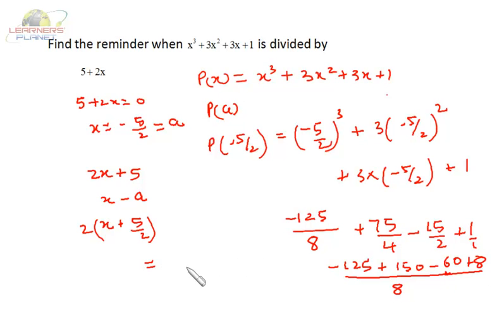What I'll get is minus 125 plus 150 is 25, 25 plus 8 is 33, and minus 60 plus 33 is minus 27. So I'm getting the remainder as minus 27 by 8. I hope you are clear. So we calculated the remainder by putting the value of x as minus 5 by 2.